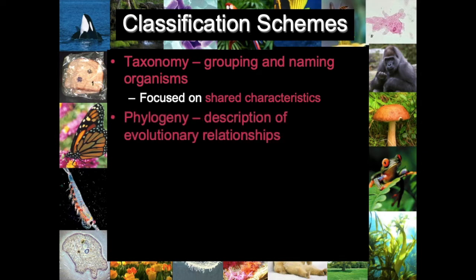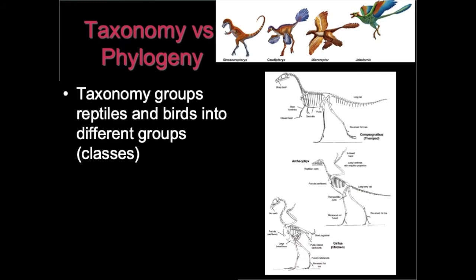Phylogeny, which is what we'll focus on first, is more closely related to evolution because it's looking at evolutionary relationships and which organisms are most closely related because they evolved from a common ancestor more recently. So just to give you a brief example, taxonomy groups reptiles and birds into different groups. There's reptiles and there's birds. Reptiles have scales, lay leathery eggs, and are cold-blooded.